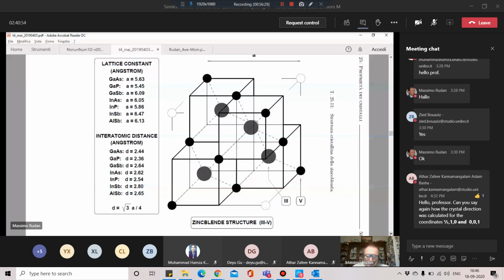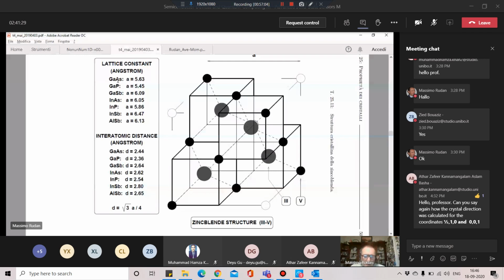And these chemical species, for instance, are gallium, Ga here, and arsenic, As, okay? Gallium belongs to the third column of the periodic table of elements, and arsenic belongs to the fifth column, okay?